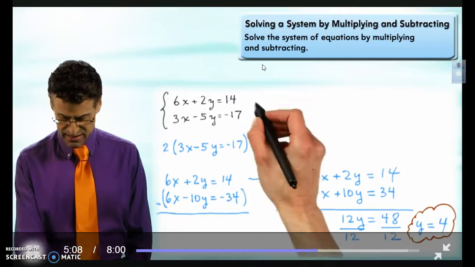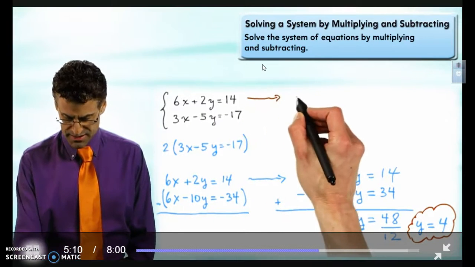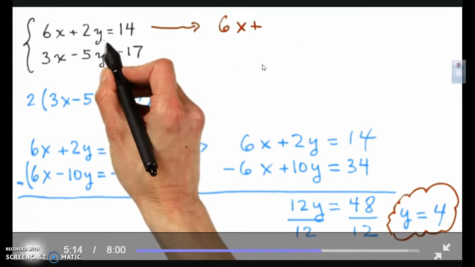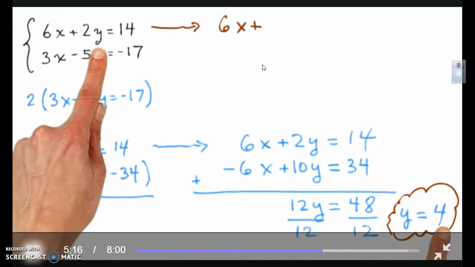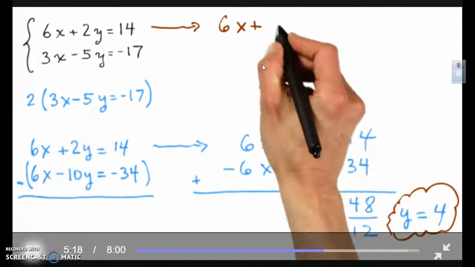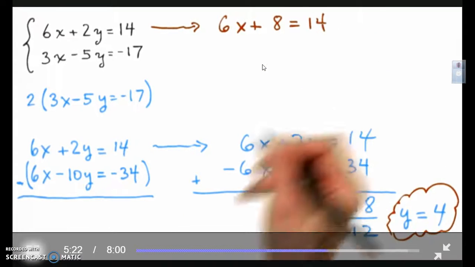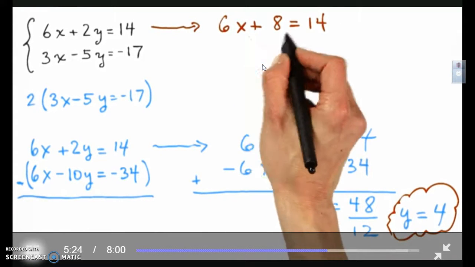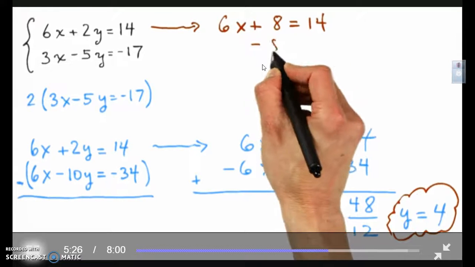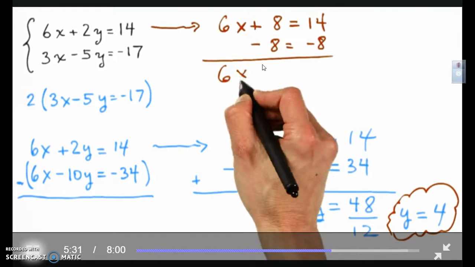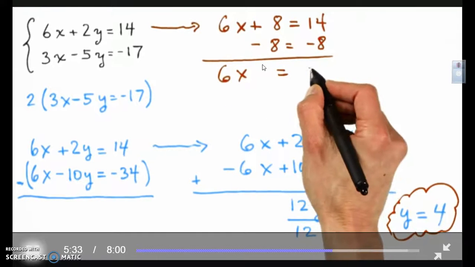So if I take a look at this, I see that 6x plus 2 times y. That's 2 times 4. 2 times 4 is 8. So I'm just going to write 8 in here, and that equals 14. And then solving this is not a big deal. We just are going to try to undo the adding of 8 by subtracting 8 on both sides. And I see 6x equals 14 minus 8 is 6.